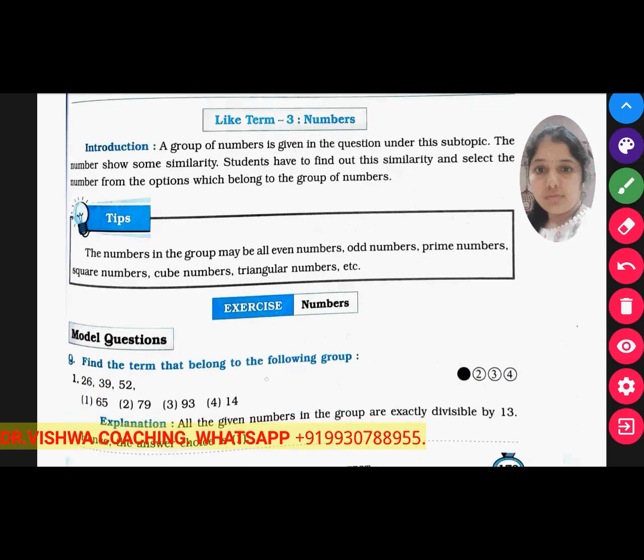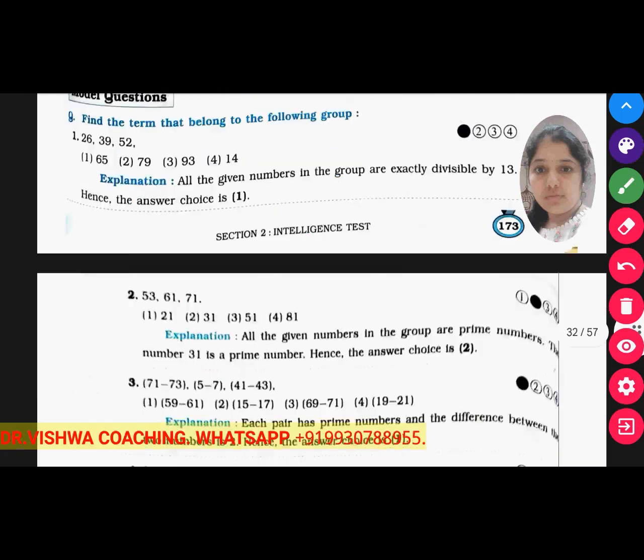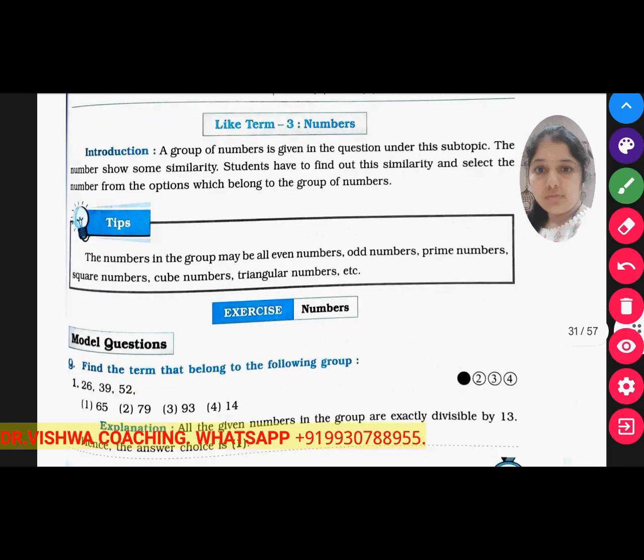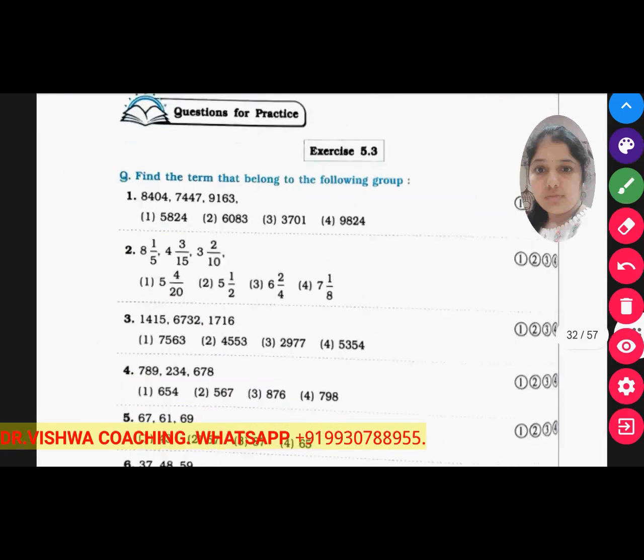Okay, so I hope you understood the concept, and try to solve more and more questions based on these figure problems. Now we'll move to the number pattern. Again, be ready with the even numbers, odd numbers, prime numbers, squares, cubes, triangular numbers, so that you can easily solve the problem. Now see, 8404, 7447 and 9163 are the given numbers.